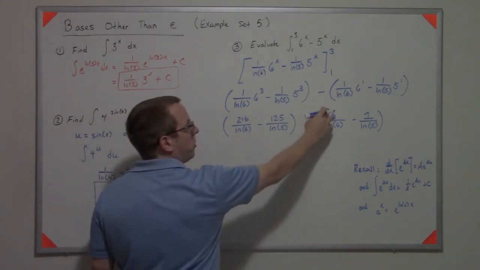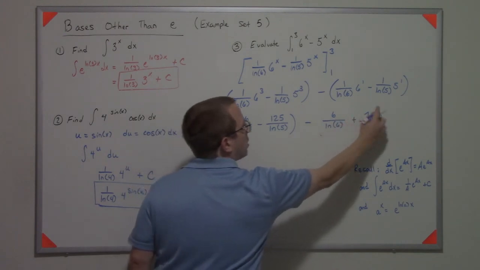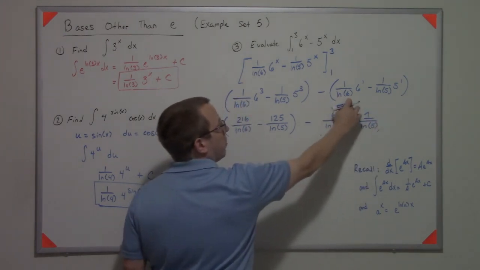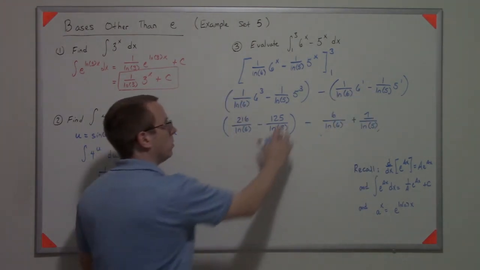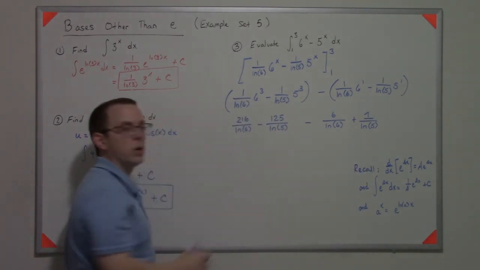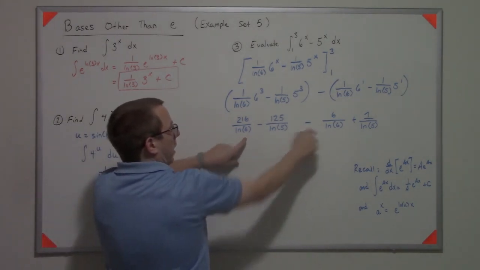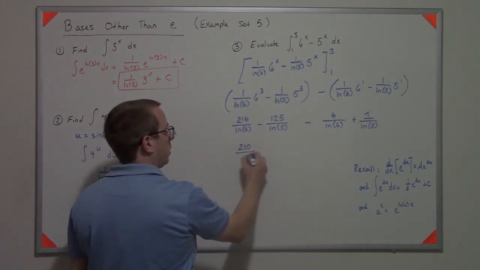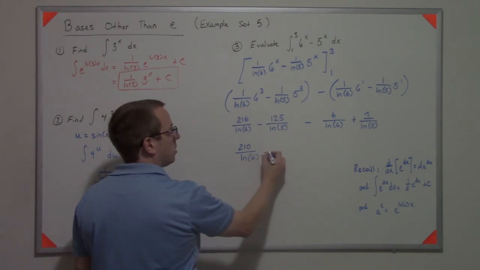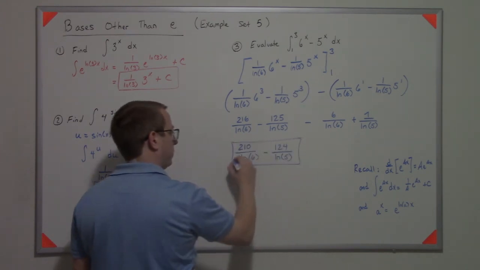If I distribute this negative, I get negative this, but then positive that, because those negatives cancel. So combining common denominators, I have 210 over natural log of 6, minus 124 over natural log of 5.